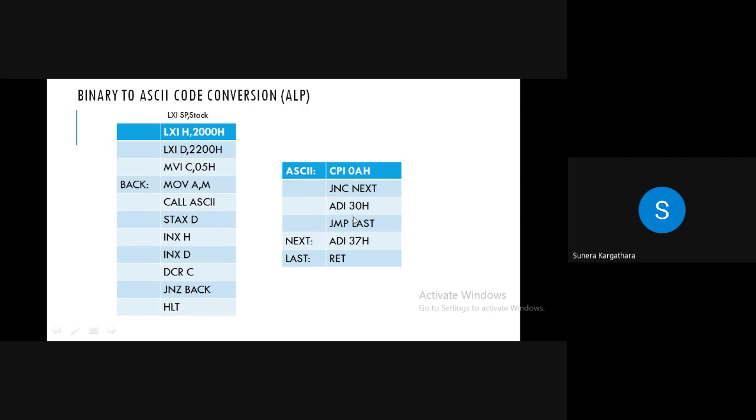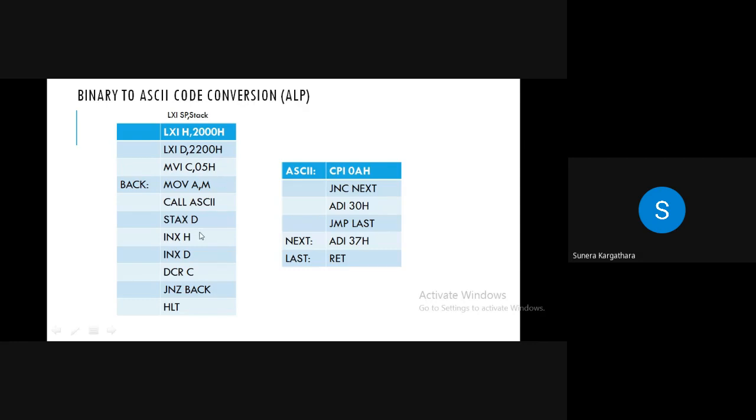Then I'll add 30 and jump to the return. But if the given number is not less than this, that condition will not be fulfilled, then it will go to ADI 37. It will add 37 into it and return to the main program, where I'm transferring the content of the accumulator to the DE pair, which is the destination memory pointer.